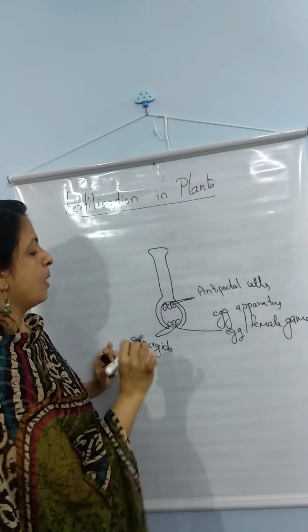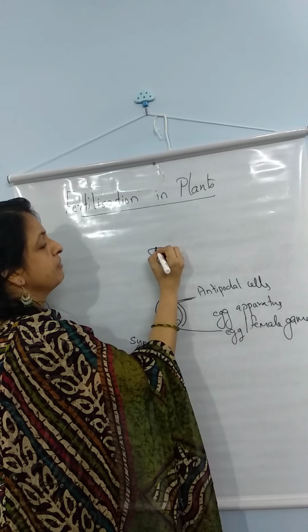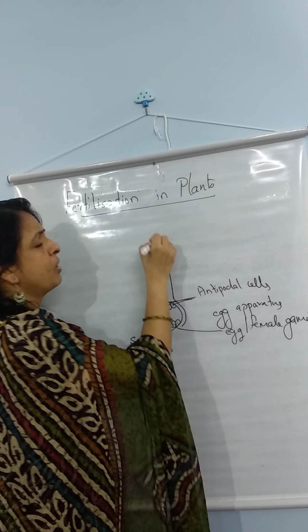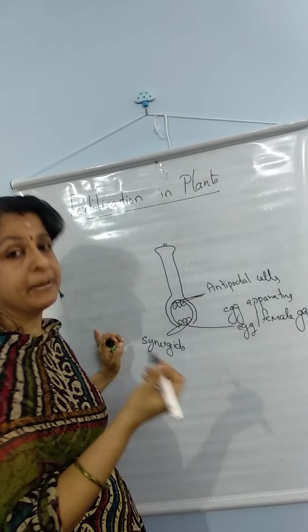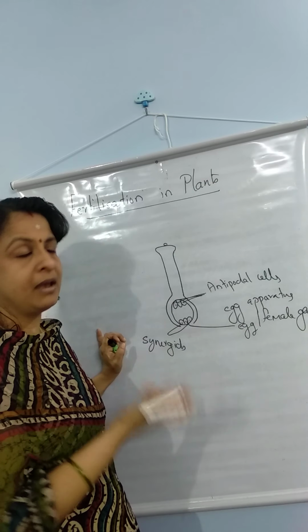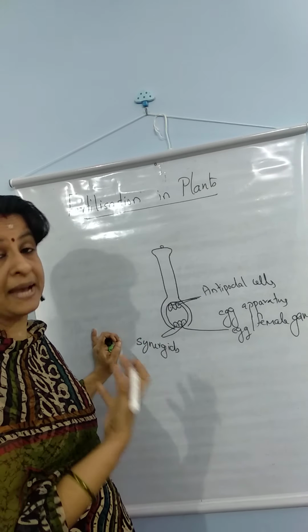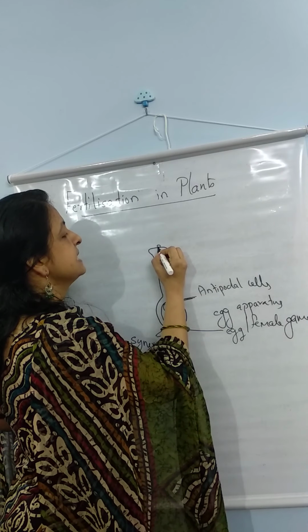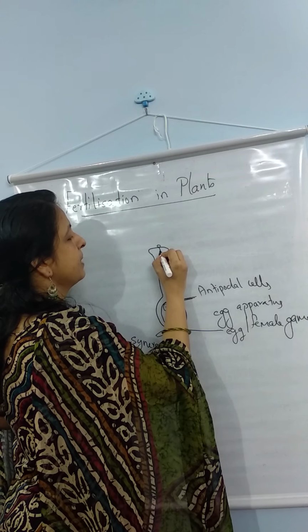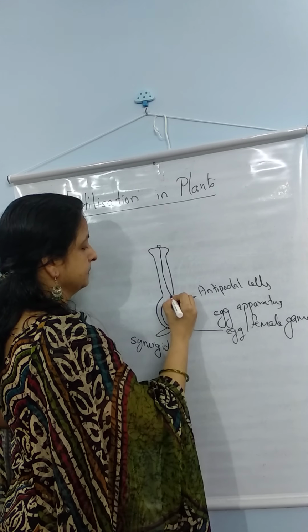Now, when a pollen grain falls here, many pollen grains will fall. Some will be the right type, others will be the wrong type. The right type of pollen will be allowed to germinate by the stigma by chemotropin. So now the pollen grain is germinating and will produce a pollen tube.